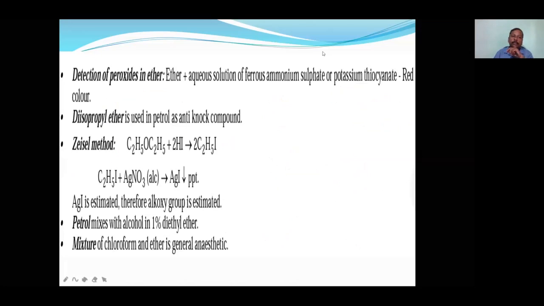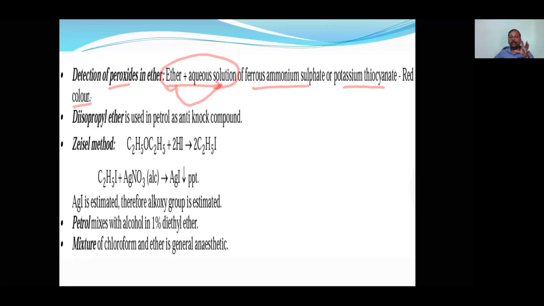Detection of peroxide in ether. Sometimes ether might be converted into peroxide. Whether it is present or not is checked with the help of the ether plus aqueous solution. That means if ether is available in aqueous solution, ferrous ammonium sulfate and potassium thiocyanate give the red color.